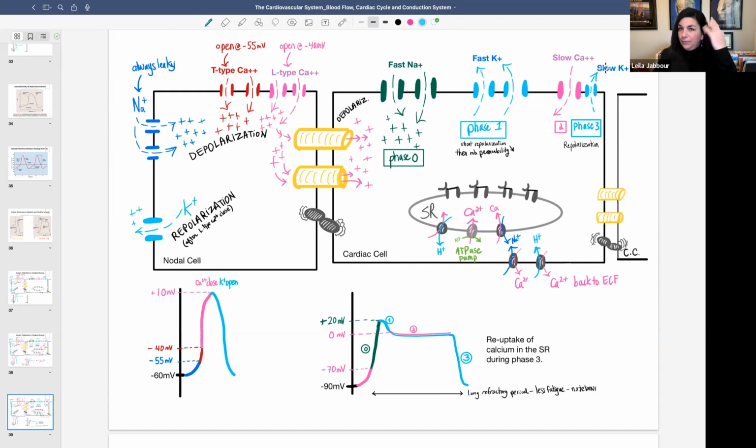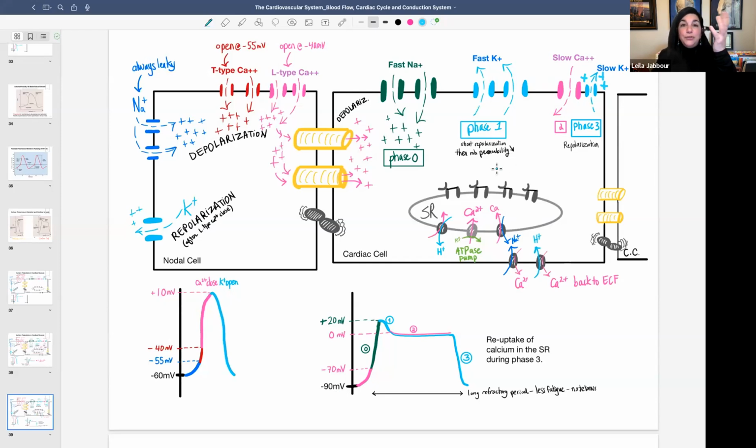They allow for the efflux of potassium ions, which is how we end up adding these positive charges outside and basically repolarizing the cell. So we're bringing membrane polarity back to being more positive on the outside, more negative on the inside. So we're repolarizing the cell. So now it's going back down. And the goal is to get back to resting membrane potential.